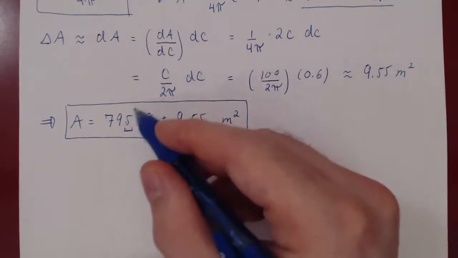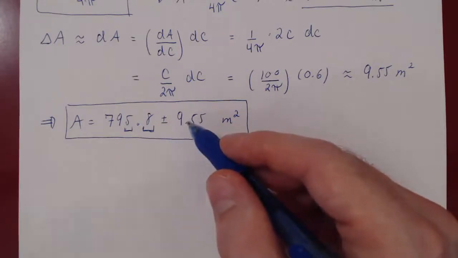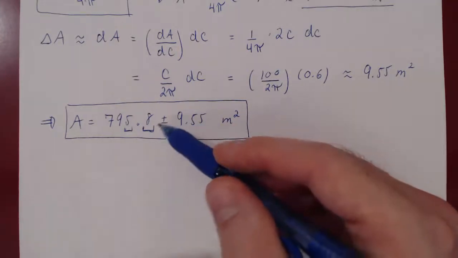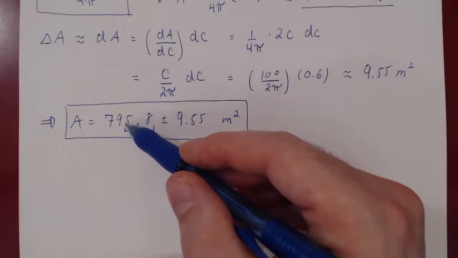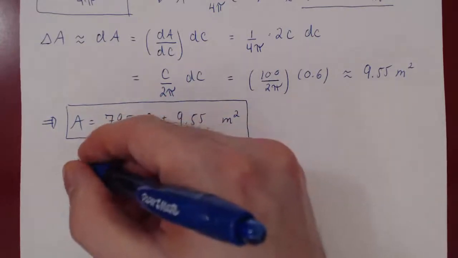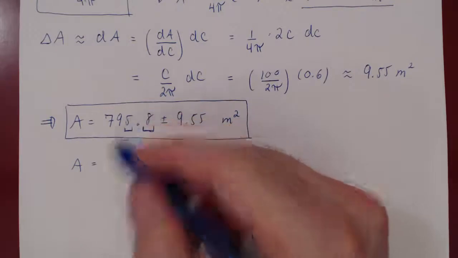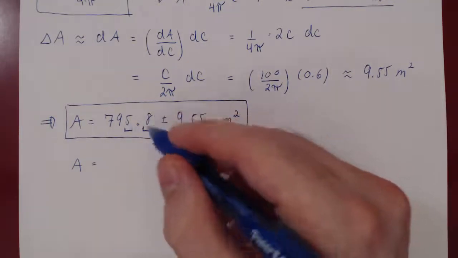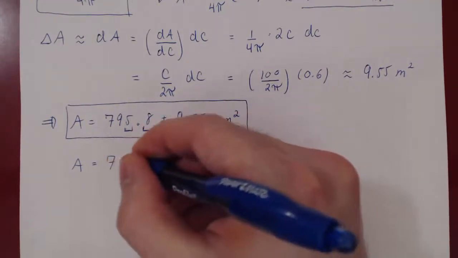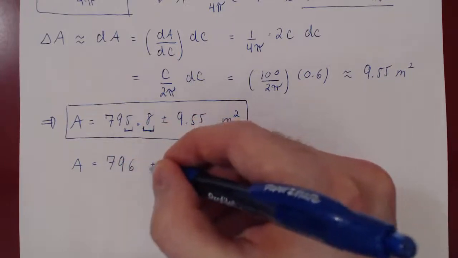Even this one we may not be accurate because the error could be as big as 10 meters squared. So this could also be inaccurate. So you could just say that A, if you want, you could round up to 795 or 96, and that would be a more reasonable estimate.